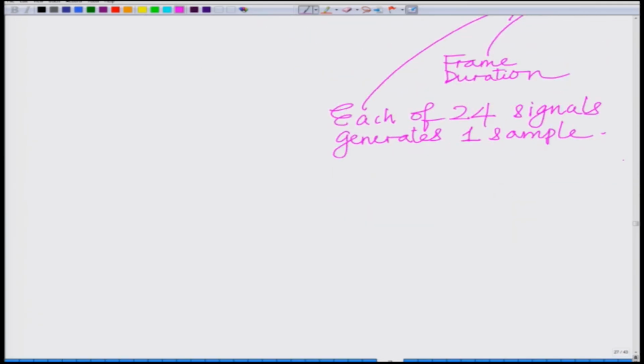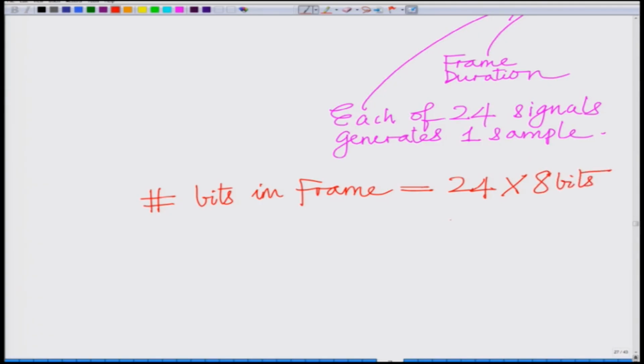Each sample is quantized using 8 bits. So, in a frame duration, the number of bits in a frame equals 24 signals into one sample per signal into 8 bits per sample, plus 1 synchronization pulse or synchronization bit.